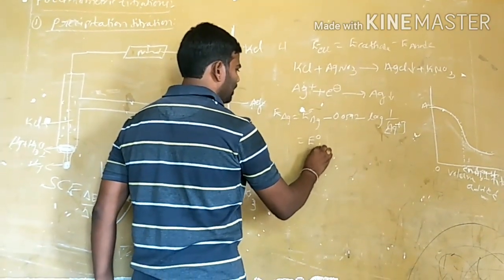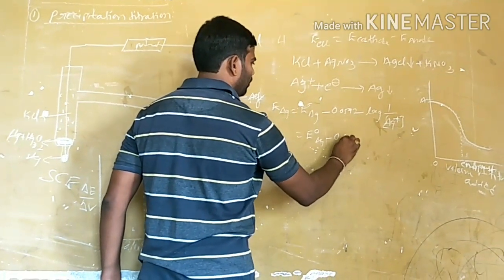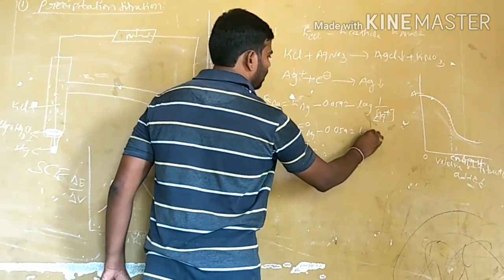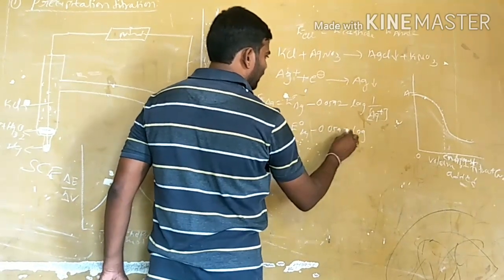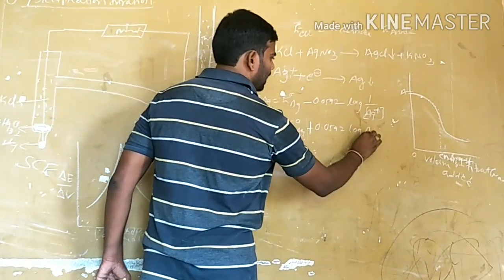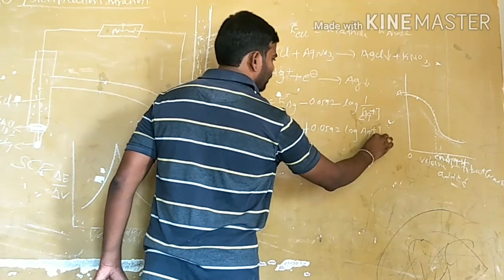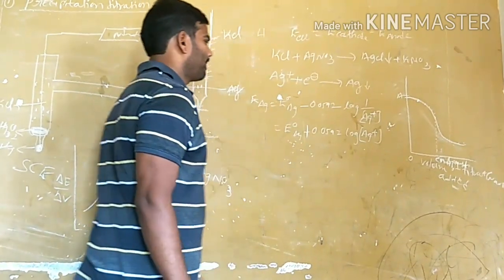So E naught Ag minus 0.0592 log, and I am writing it as positive, with this coming to the numerator, that is Ag plus ions.